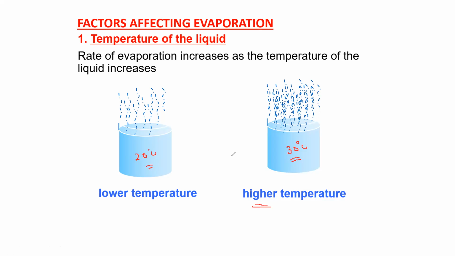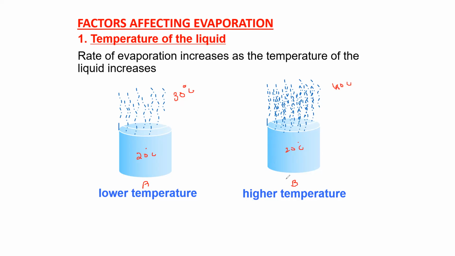Whether it's the temperature of a liquid or the surrounding, in both cases the rate of evaporation will be higher. Same way, if I say the surrounding temperature is 30 degrees, and here the surrounding temperature is 40 degrees, which one evaporates faster?